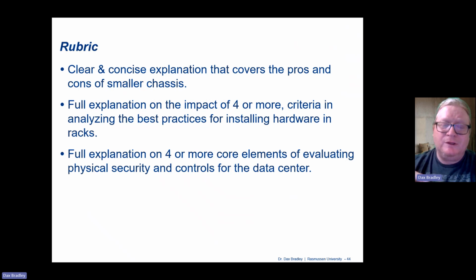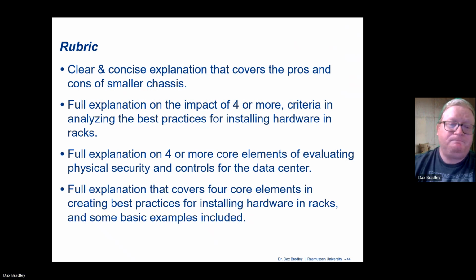Additionally, you can include a discussion of alarm systems and the different types of contacts for doors and windows that can be helpful. Locks on the cages that are internal in the facility. There are lots of great examples out there. And a full explanation that covers 4 core elements in creating best practices for installing hardware in racks, and some basic examples included.